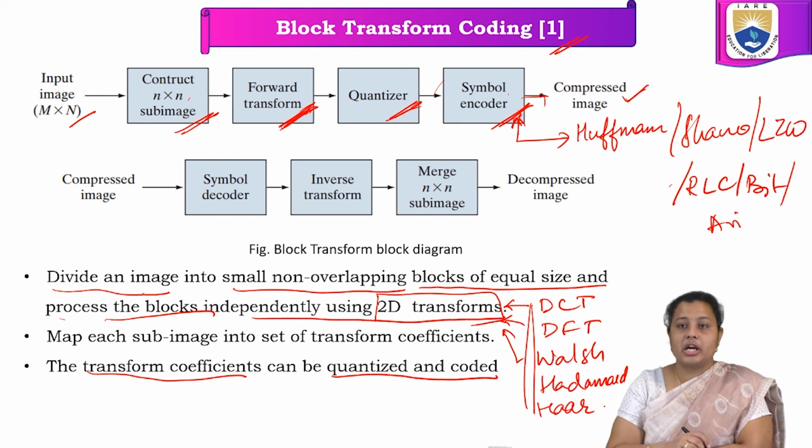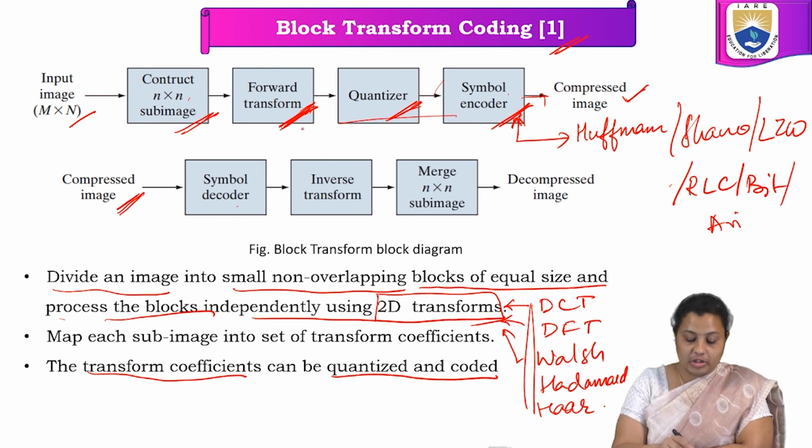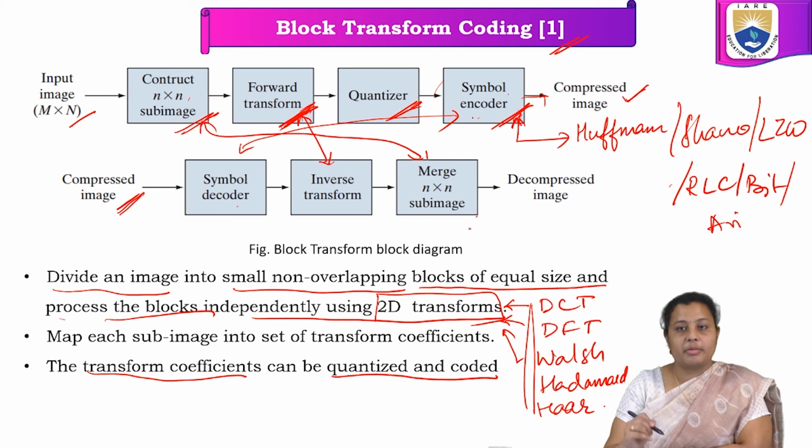If we want to decompress the image, we take the compressed image and apply the symbol decoder, which is the reverse of the symbol encoder. We use the inverse transform of the forward transform, and we merge all the sub images to get the decompressed image.